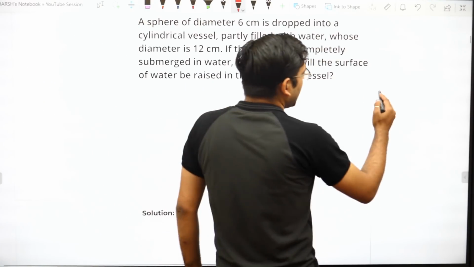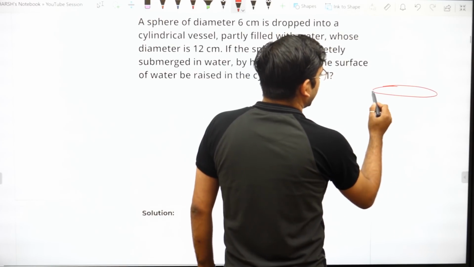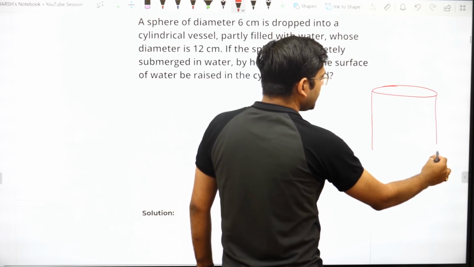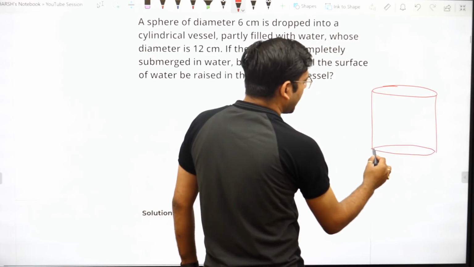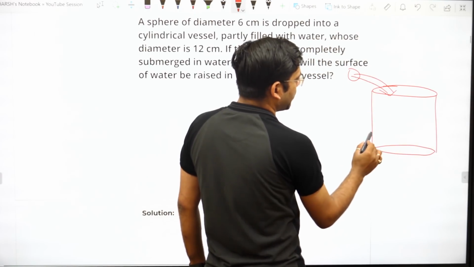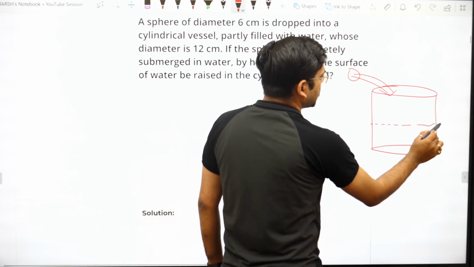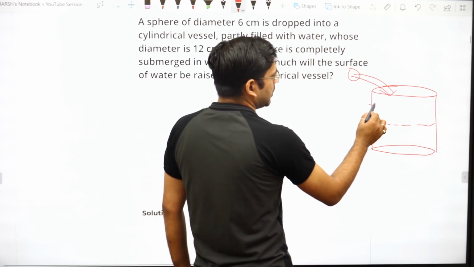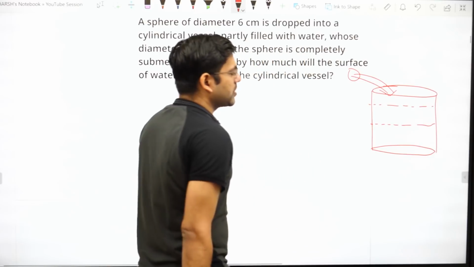So let's see. The concept says that there would be a cylinder. Now in this cylinder, a sphere is dropped. So say for example, this was the initial level, and I am assuming that water will rise till here.